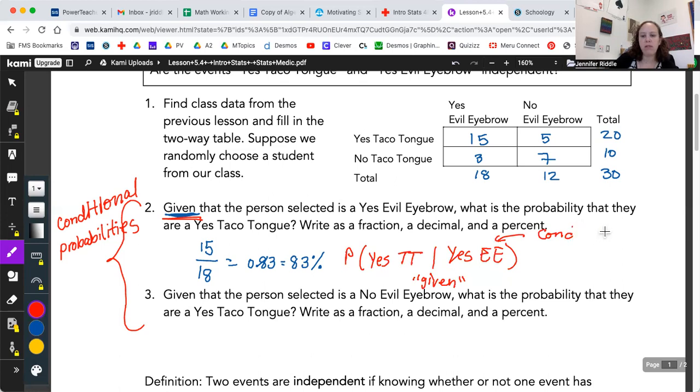The part that comes after the given line is always our condition. So what is this probability given we have some sort of condition?